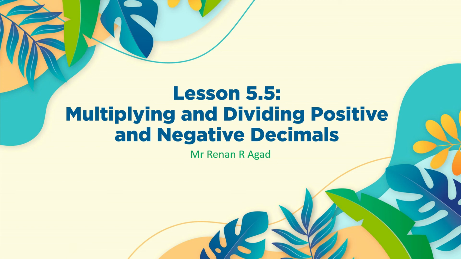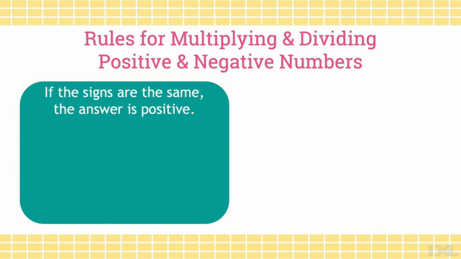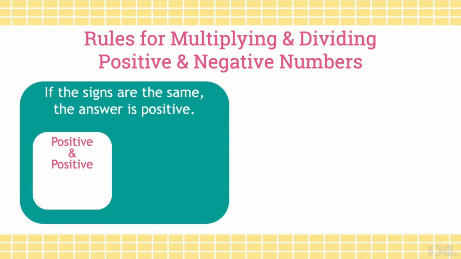Multiplying and dividing positive and negative decimals. Before we continue, let us try to recall the rules when we multiply and divide numbers. Just like before, if the signs are the same, the answer is positive.